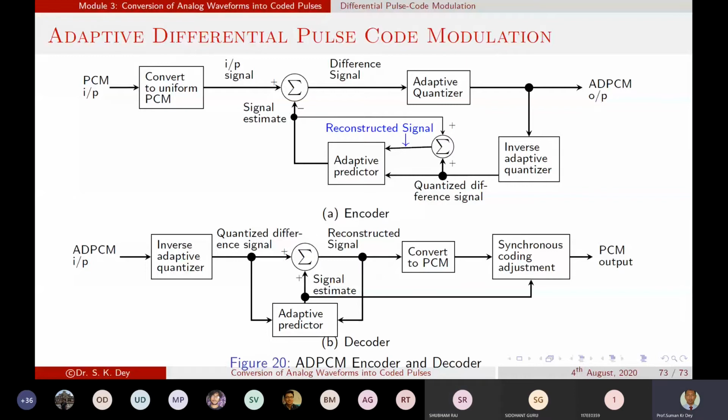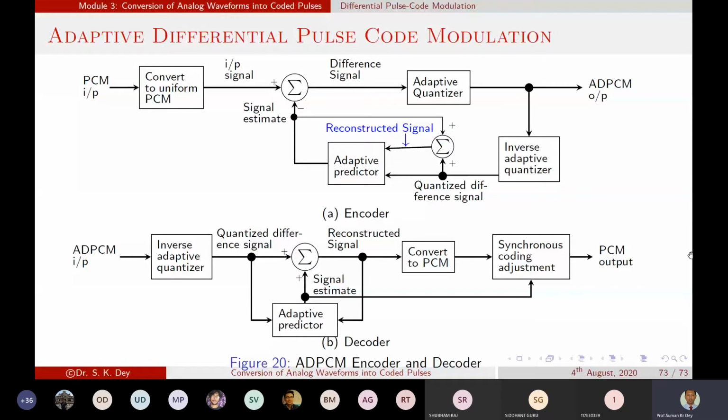So figure A is the block diagram for the transmitter, the encoder, and figure B is the block diagram for the receiver.